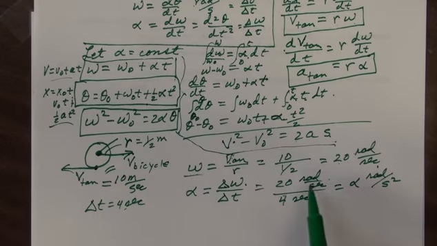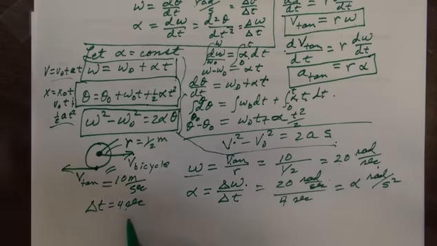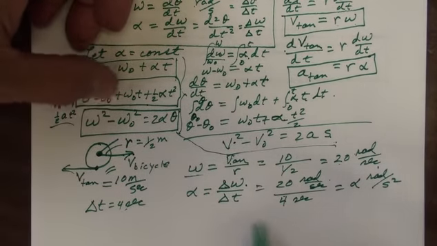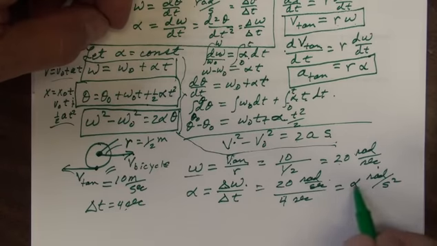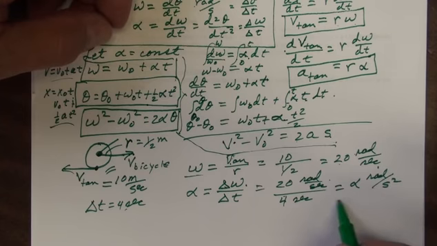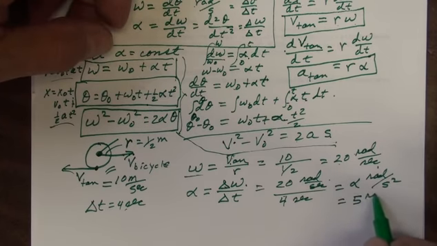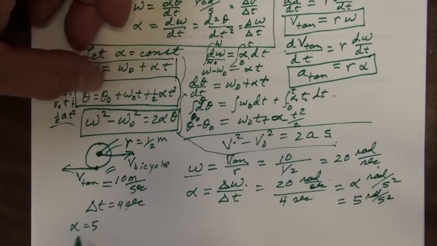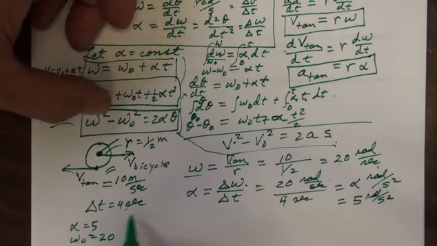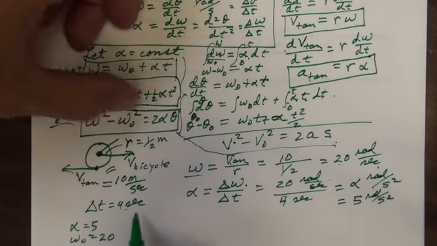How far did this person go? Well, you'll notice that their angular acceleration is alpha, that's 5 radians per second squared. So we know alpha is equal to 5. We know the original omega, omega naught, is equal to 20. And so what we can do is compute how far did it go.